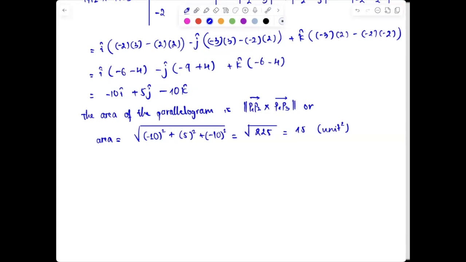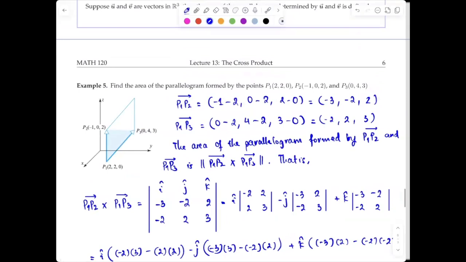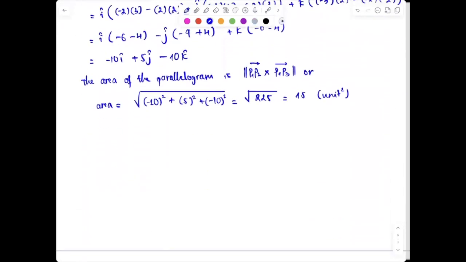Now another thing that you can do is that if you multiply the result by half, you can actually calculate the area of the triangle here. So this is the triangle we're looking for. So another way, in addition to what we already calculated, we can calculate the area of the triangle formed by P1, P2, and P3.